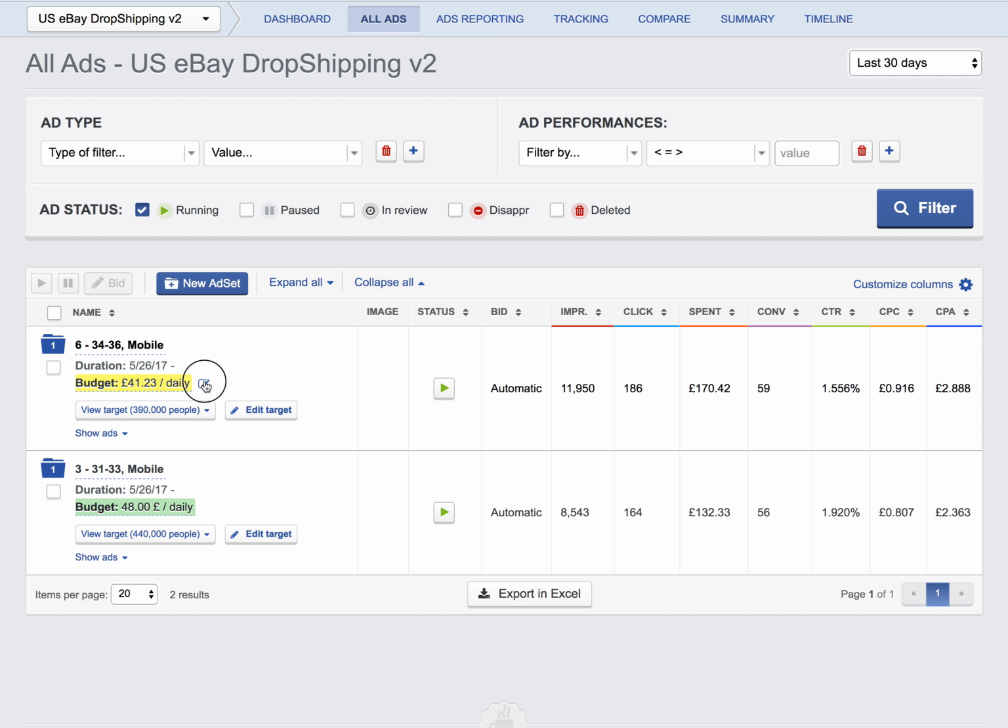I'm going to take this one down slightly so that we're able to put more of our ad budget toward the cheaper one, almost 0.4 British pounds less than this age group.